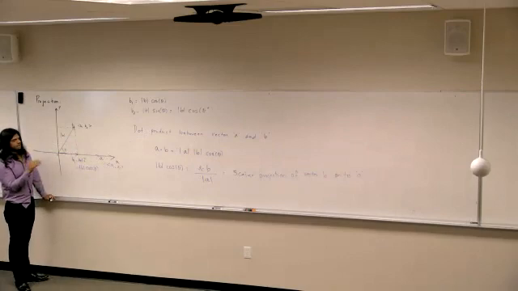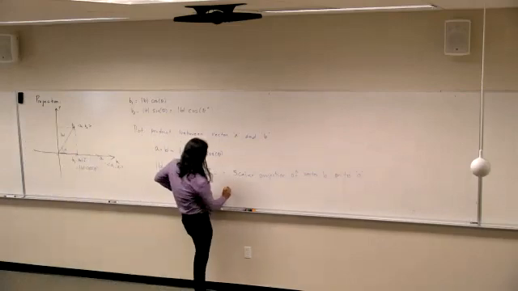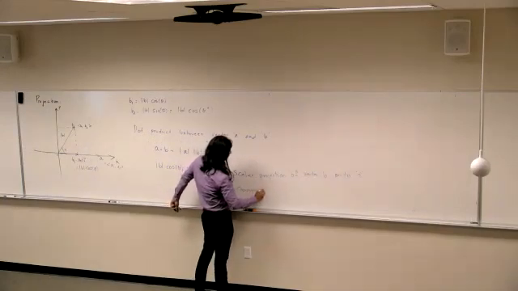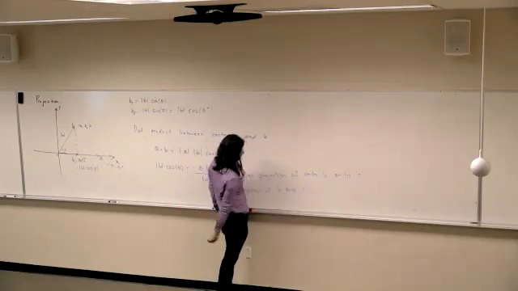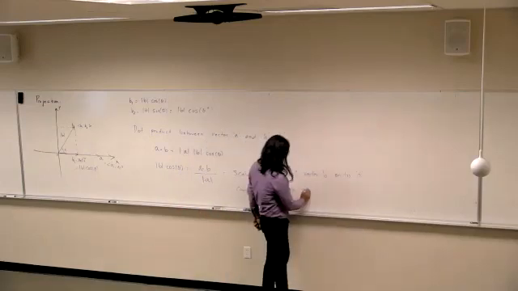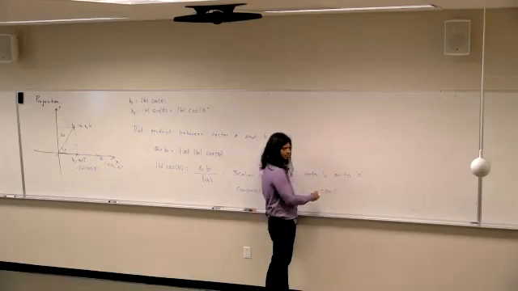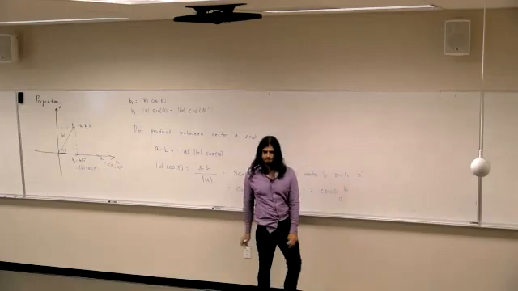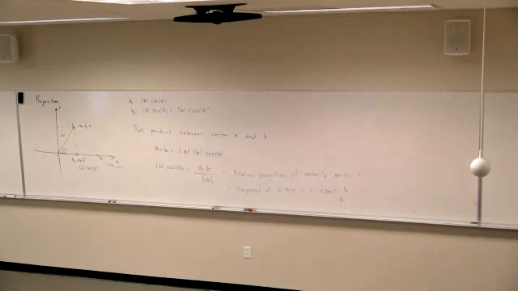So we call this the scalar projection, as the component of B onto A. We both use this representation: comp B onto A. Give you a second to copy.